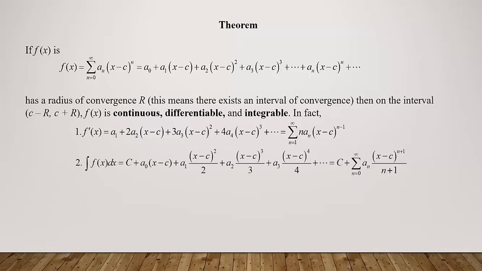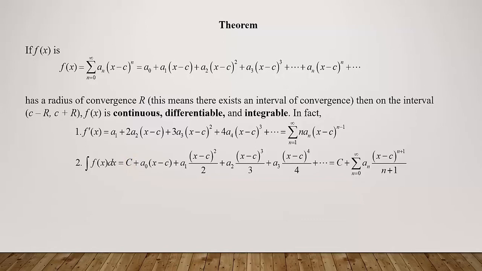Likewise, when you integrate f of x, I could go through and do term-by-term integration, and we know when we integrate, an indefinite integral, we're going to get a generic constant of integration. So I'm starting off the term-by-term integration with my constant c.